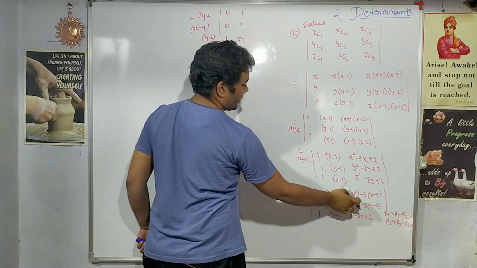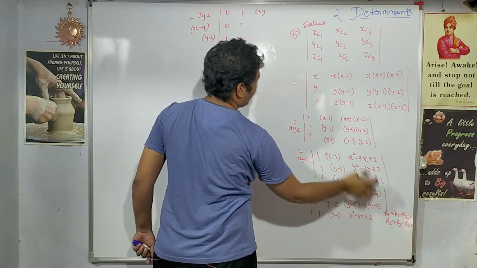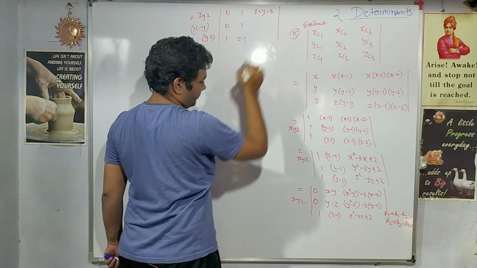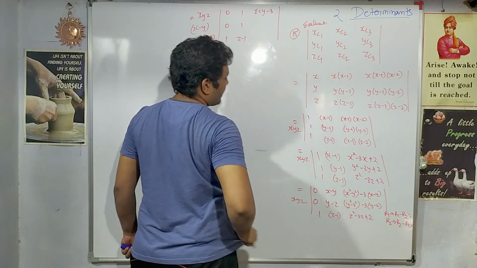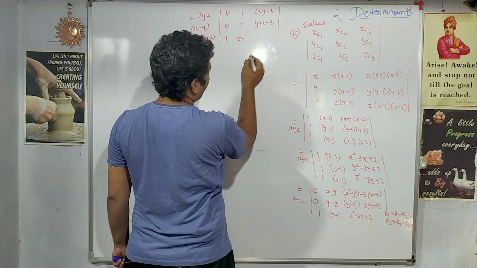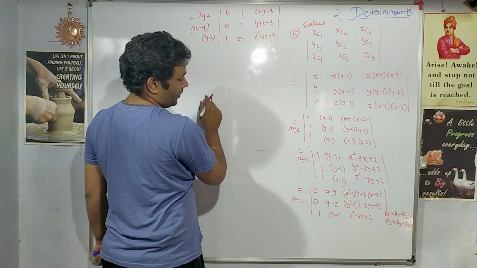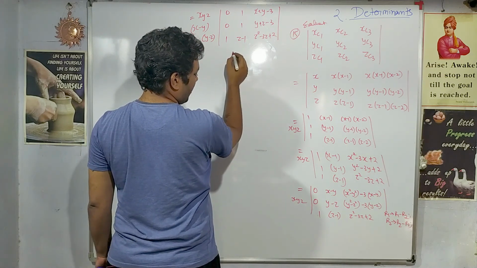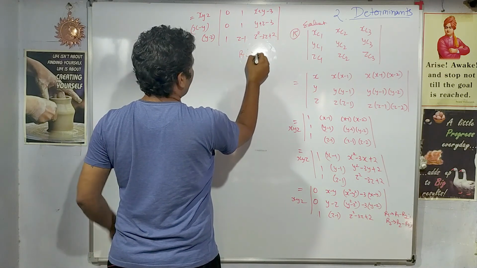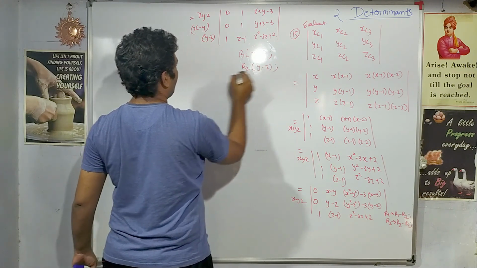Here if you take x minus y common, then x plus y will remain, and minus 3. Here if you take y minus z common, then y plus z minus 3. Then the last will again be z square minus 3z plus 2. Right? You should write down the operation here, that from R1 you have taken x minus y common, from R2 you have taken y minus z common.